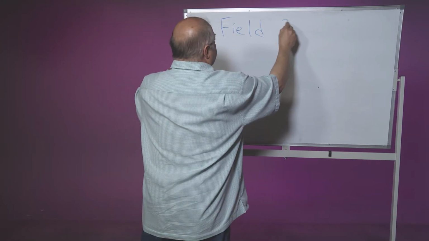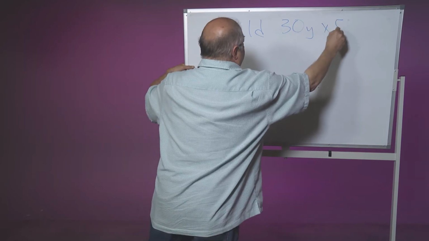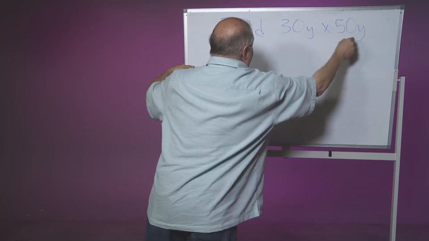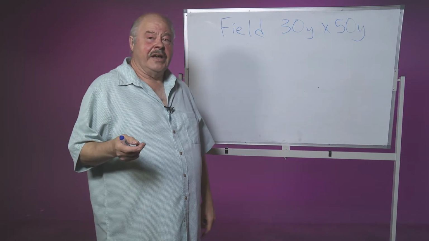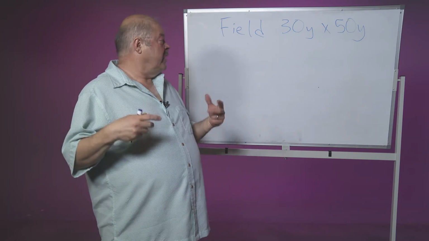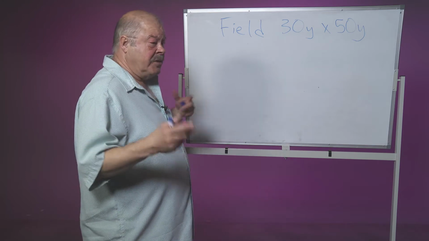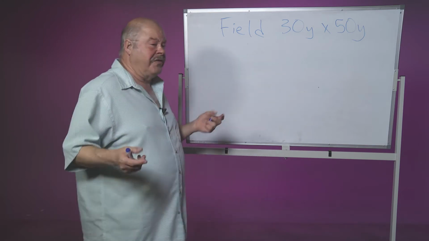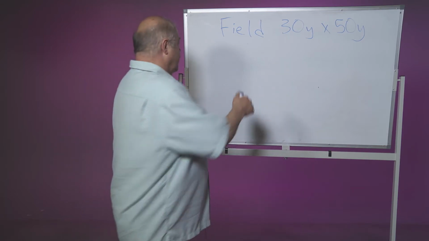Let's say you have a field that's 30 yards by 50 yards. Two common questions that you'll get asked are, what is the perimeter and what is the area of the field? Or a similar shaped object. They may not call it a field. They may call it a garden or a swimming pool or something.